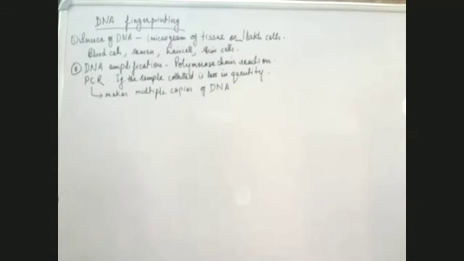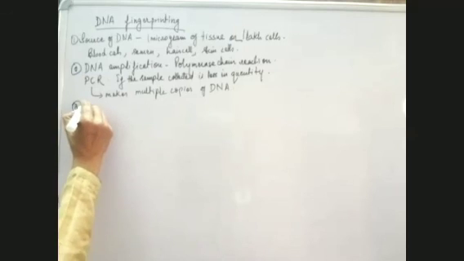Now the third step comes. We have collected samples from the blood cells or the semen or the hair or the skin, and we will take out the DNA. So the third step is extraction of DNA.